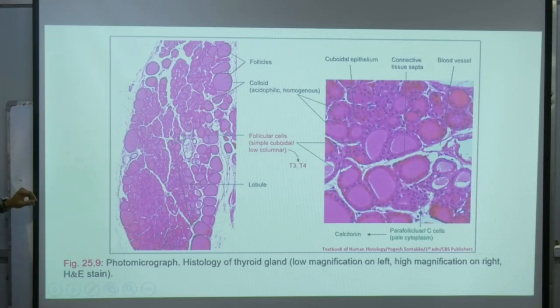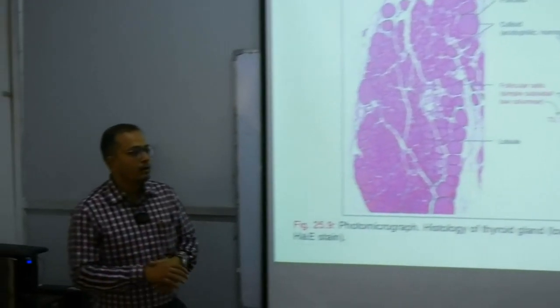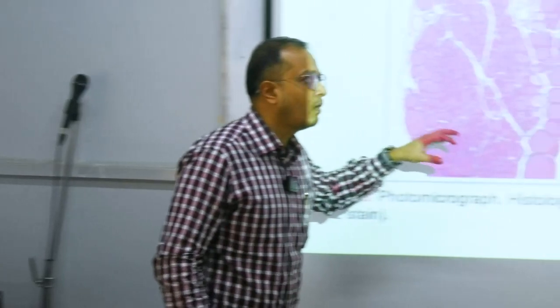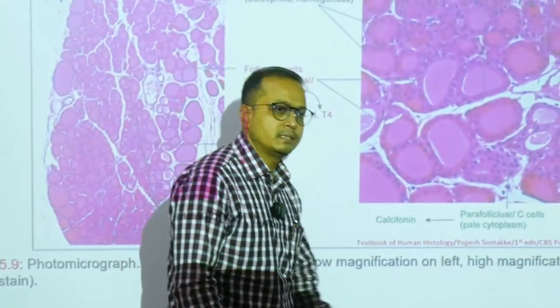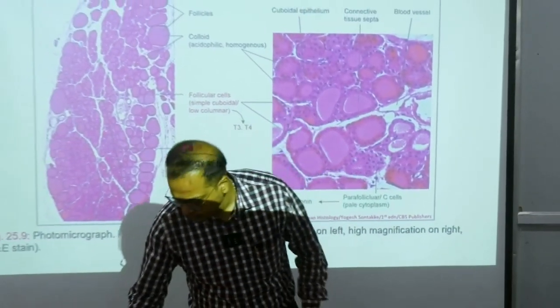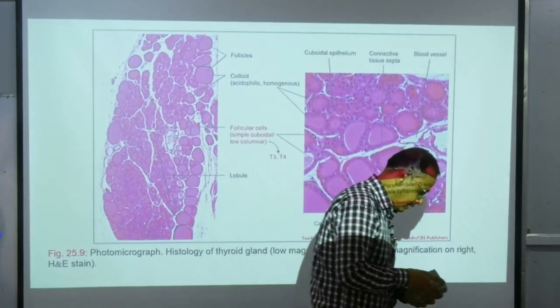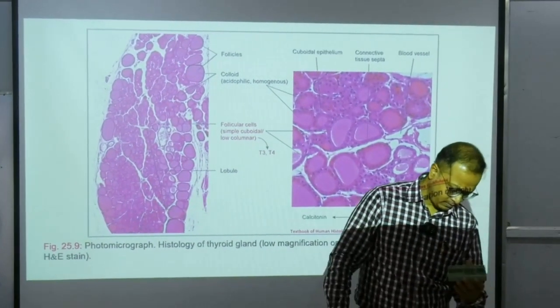Then we have the parafollicular cells, and the follicles which may have different shapes. The follicle itself may have different kinds of lobes, some empty, some half empty, some full, because of the nature of how the gland is working, right. So, this is how we are going to see the thyroid gland.